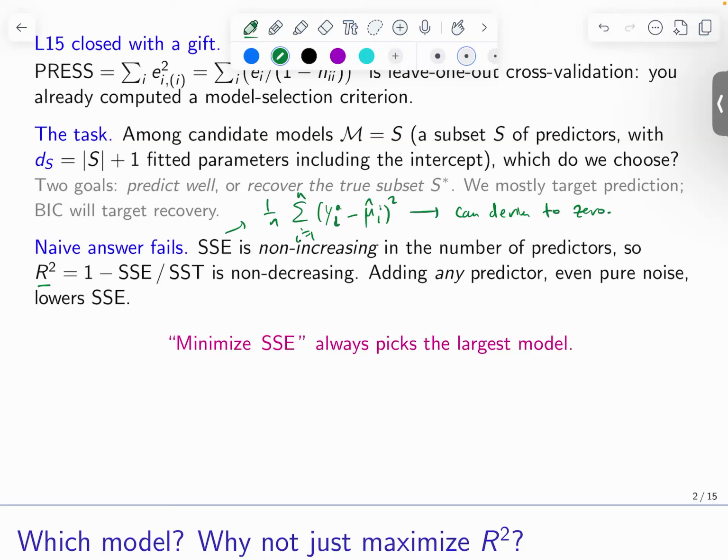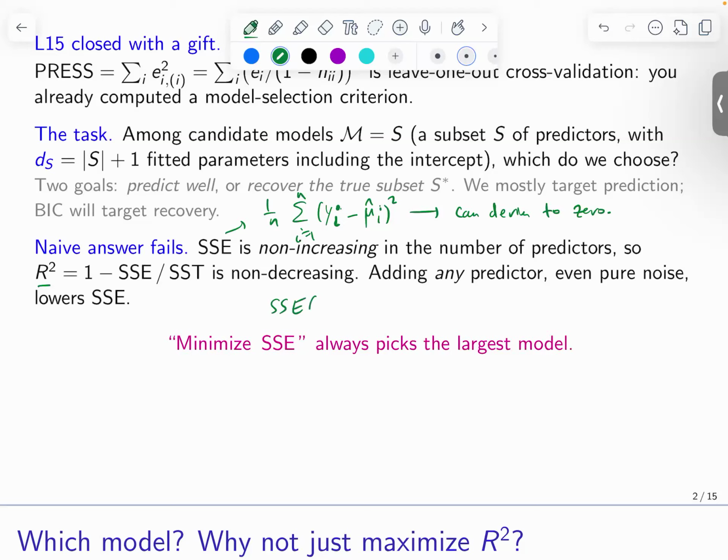This is what you can call training error: the prediction of point i given that the model is trained on the same data. In fact, you can prove by the projection idea that if you add a predictor, you enlarge the image, and so the projection error is not going to be bigger.